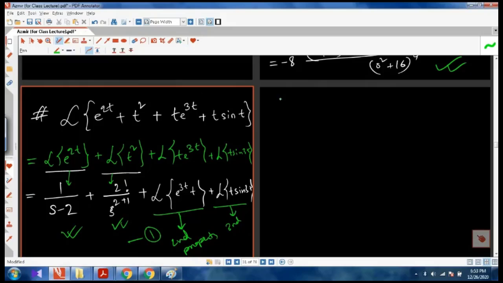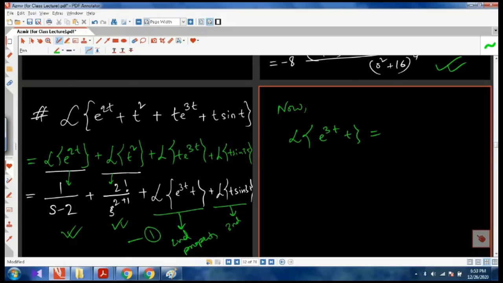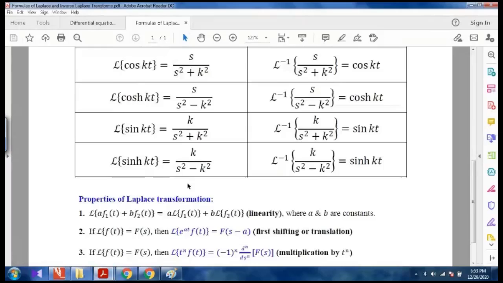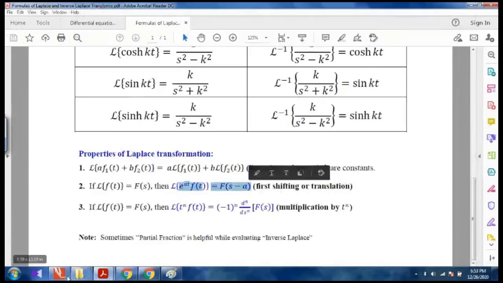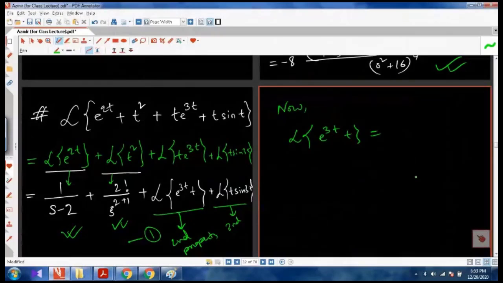So here you can say now, Laplace transformation of t e power 3t can be solved by property 2. So you can easily have the result.